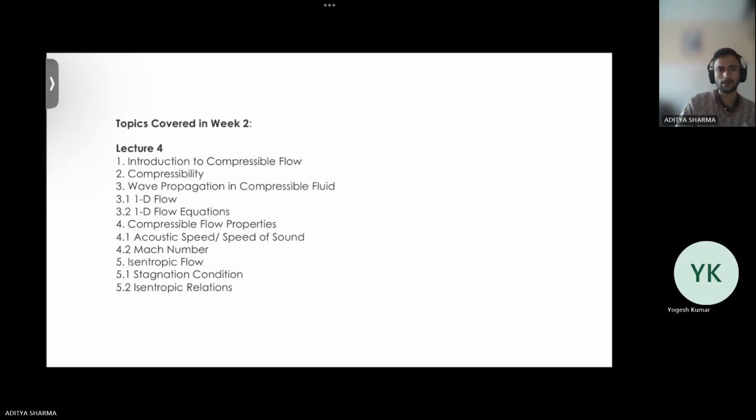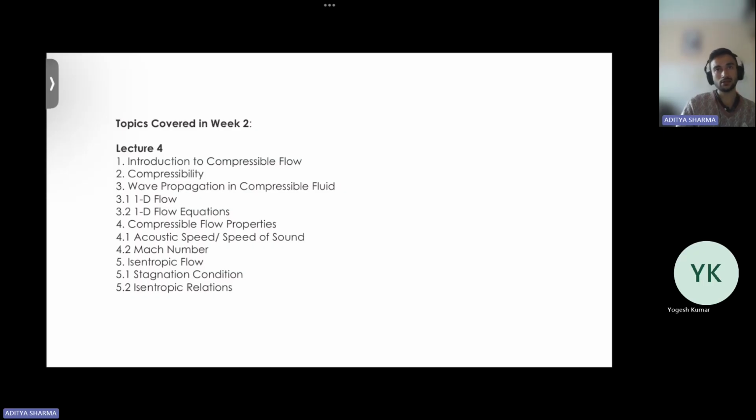This has already been introduced to some extent in week 1 also: the speed of sound. We had also one fill in the blank on this topic or concept. So for compressible flow properties, we discussed acoustic speed and speed of sound.